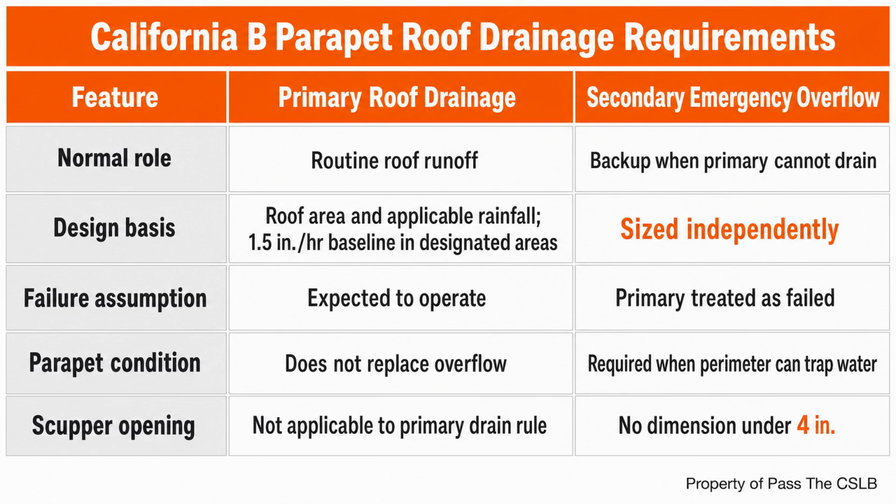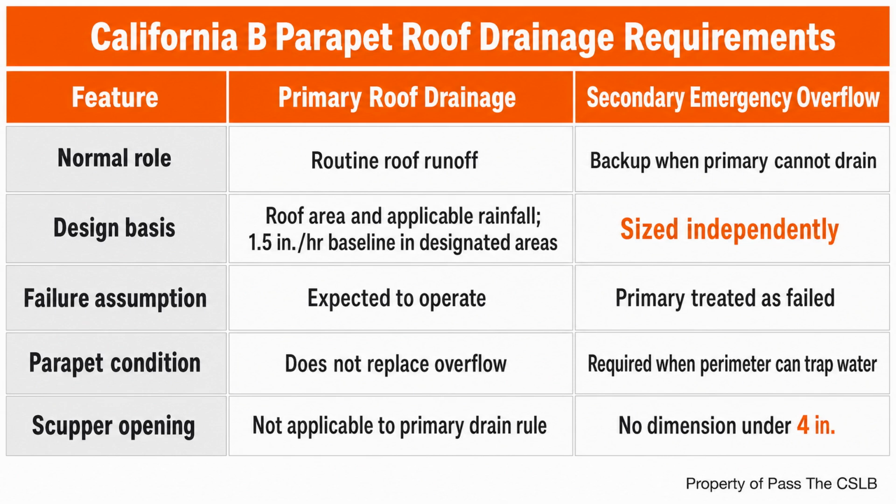The primary system carries routine roof drainage and is sized by the applicable rainfall and roof area calculation. The secondary system provides an emergency path when the primary path cannot discharge. For an emergency scupper, no opening dimension can be less than 4 inches. Oversized primary drains do not erase that separate requirement.